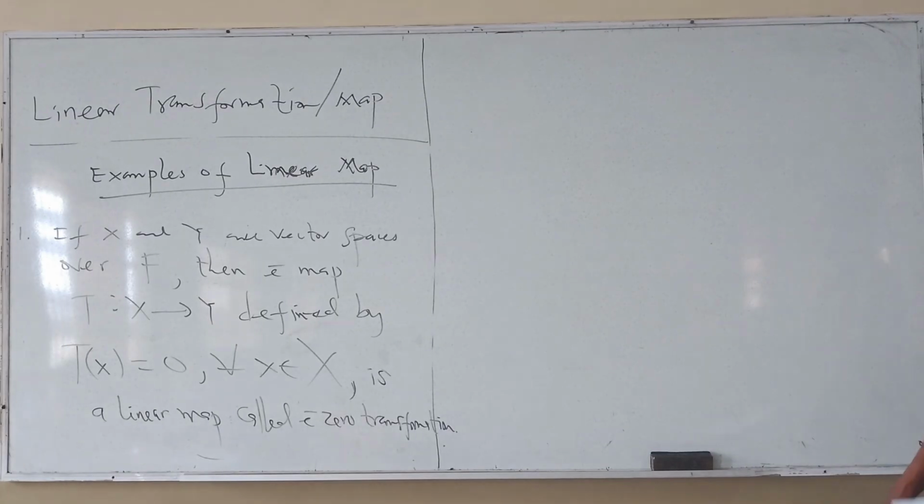Well, so let's justify it. We want to justify that the map T, with T of x equals 0, is a linear transformation or linear map.